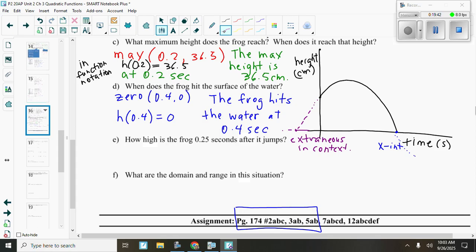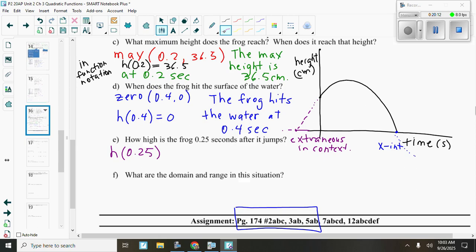All right. How high is the frog 2.5 seconds after it jumps? You can do this a couple of ways, because what it's asking for is the height of the frog at 2.5 seconds. Some of you wonder, do we really have to do this?